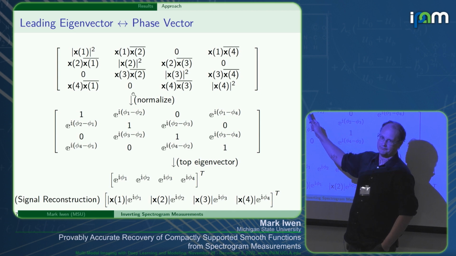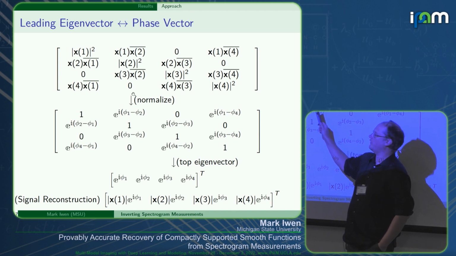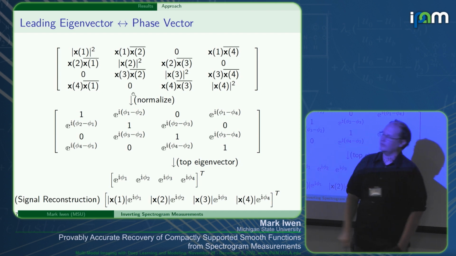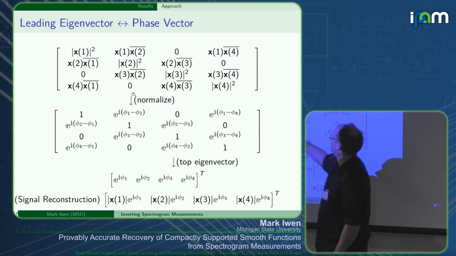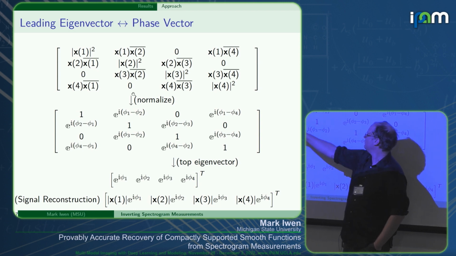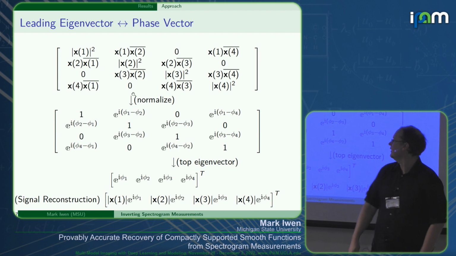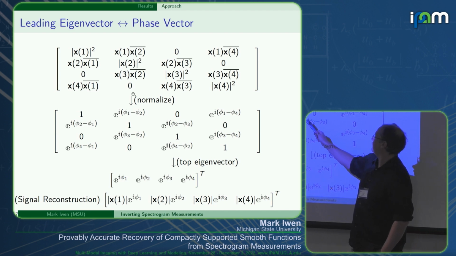So that's what phi 1 is, minus the phase angle of the second entry, right? And it's a symmetric Hermitian matrix, so we have the conjugate down here, right? Second and third phase differences are going to be generated from this, etc.